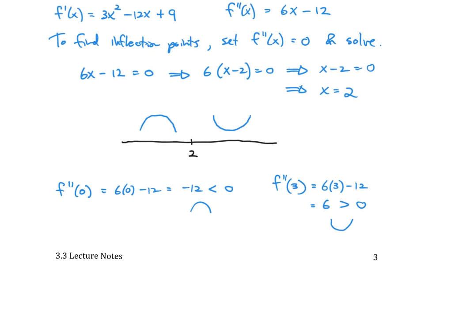Our conclusion is because it changes sign there, therefore x equal to 2 is an inflection point because the concavity changes at x equal to 2. And you can plug 2 into your original function f to get the y value as well. All right. Okay, everyone. Take care.